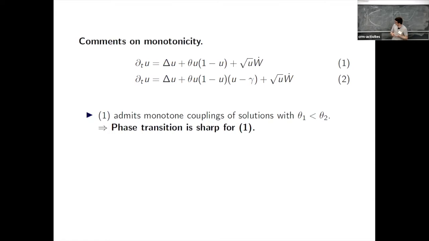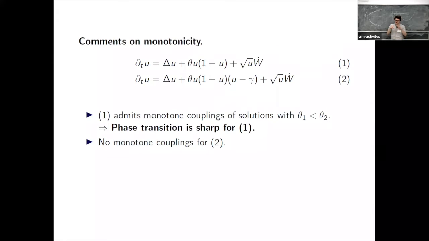Now, equation 2, the Allen-Cahn equation that we'd like to consider with the Allee effect, does not admit monotone couplings. You can imagine if your state is sitting below gamma, where it's being driven down, then if you crank up, because you want to think of increasing gamma as helping you, but anywhere where the state is actually below the Allee threshold, the more you crank up gamma, the worse off you are.